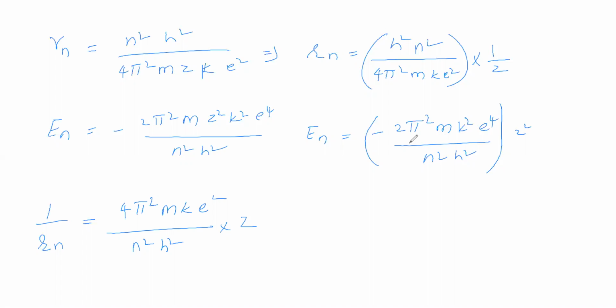In order to bring it to this form, we take 1 by 2 into 2, therefore it becomes 2 pi square. The k square is there, therefore here 1k, and e power 4 is there, therefore e square.